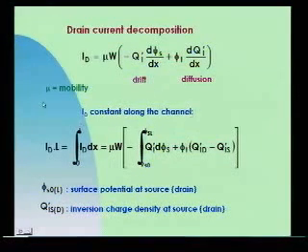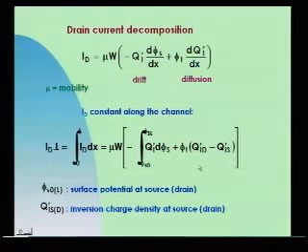And these components are dependent upon the point of the channel. That is, they vary along the channel, but the total current is constant. The total current does not vary with the position along the channel, so we can integrate this equation to have the drain current.